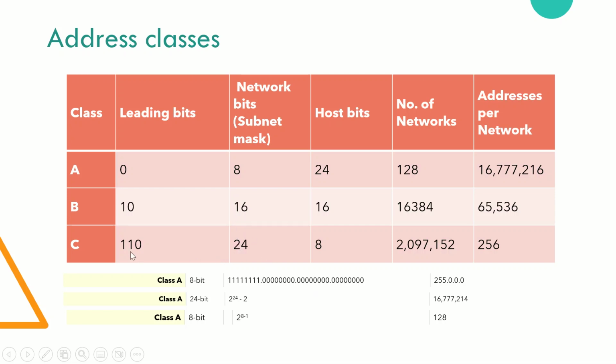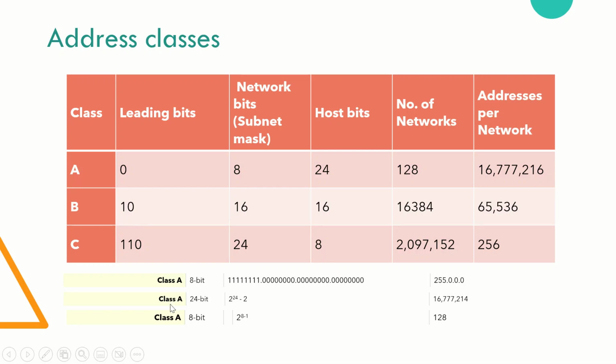And also you can see network bits for class C is 24. It means in class C you have 24 1s in 3 octets. And it means you have only, for example, in class C, only 8 0s in the last octet.